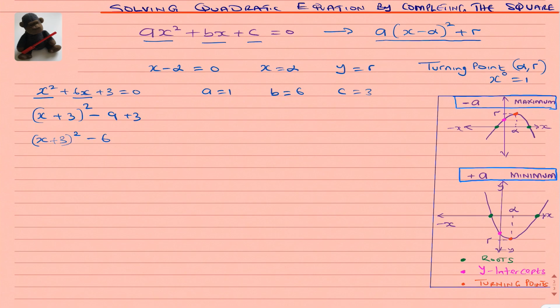So if we set x plus 3 equal to 0, x will become minus 3 because I take away 3 from both sides, and y equals minus 6. So at the turning point, the coordinates are minus 3 and minus 6.